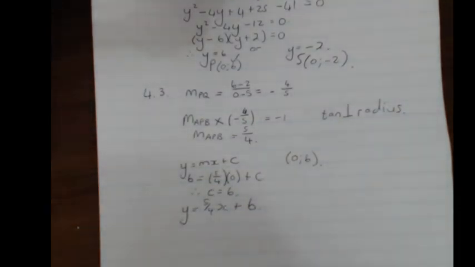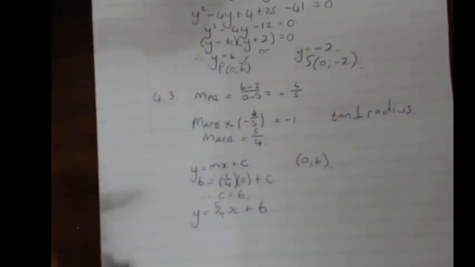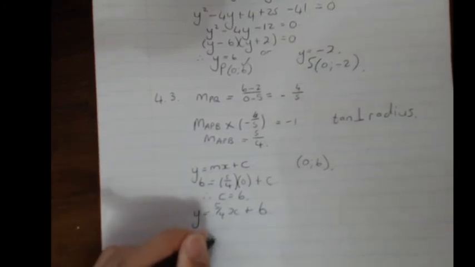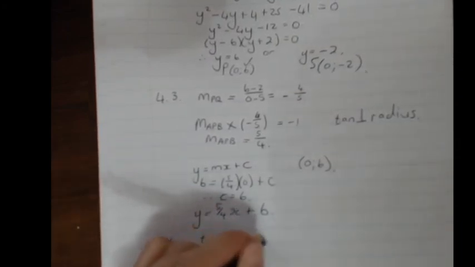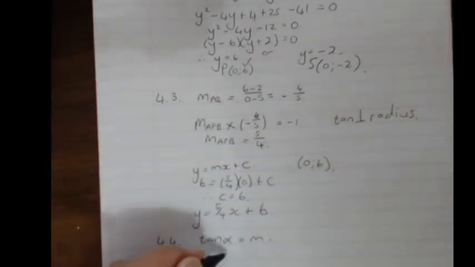Okay, and 4.4 says calculate the size of alpha. Alpha is the angle of inclination of this line, so that's not very difficult. The angle of inclination: tan alpha is equal to the gradient. So I want to calculate alpha.